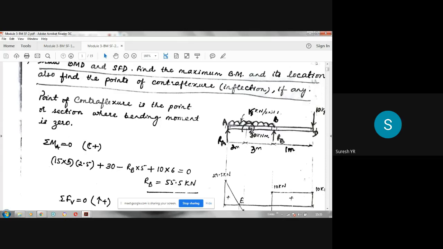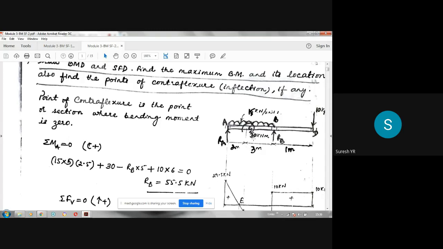UDL acts at the midpoint, so midpoint means 2.5 meter from point A. That means this UDL is converted to an equivalent concentrated load acting at the midpoint of the UDL. Moment due to that will be 15 into 5 into 2.5. See here, I have written that. That is clockwise, because it is acting downwards, it is giving a clockwise moment about the point A.